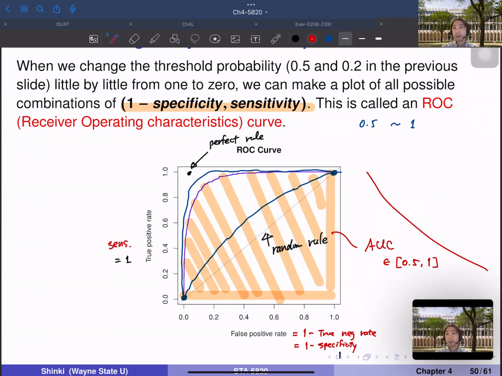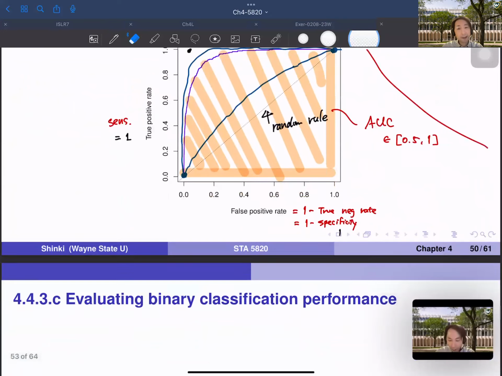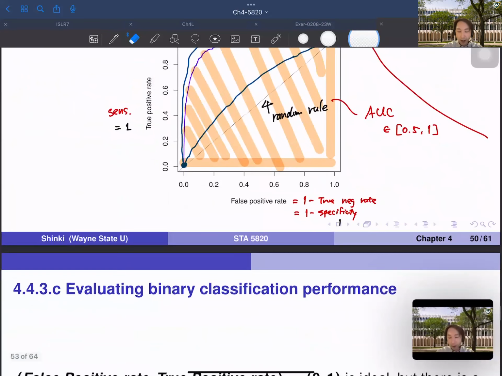Maybe if the test is very difficult and we use the training set and the test set, we can get an ROC curve with AUC equal to 0.49 or something. But you can mostly assume the AUC is between 0.5 and 1.